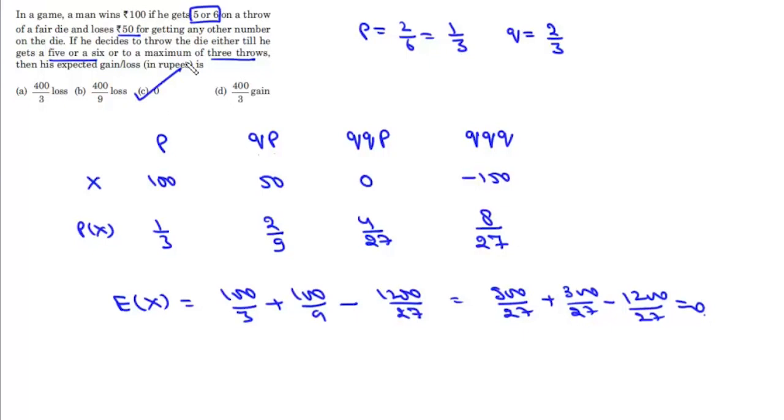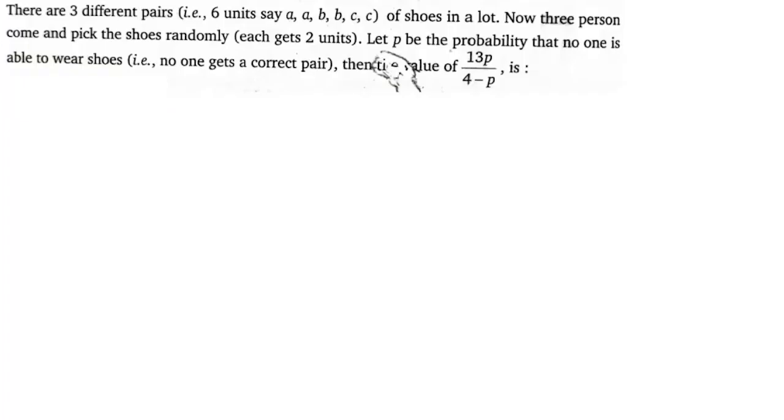Here the question is, there are 3 different pairs of shoes in a lot. Now 3 persons come and pick the shoes randomly. Let P be the probability that no one is able to wear shoes. We need to find the value of 13 P upon 4 minus P. Now let us say there are 3 people, P, Q and R. What we'll do is find the probability that at least one of them gets a matching pair.